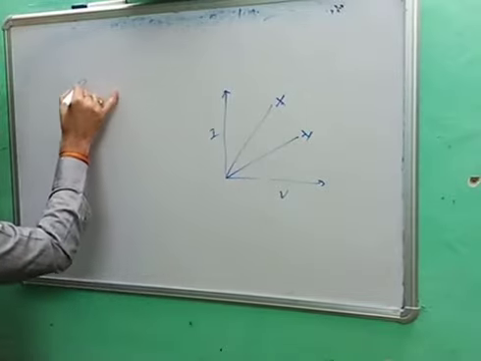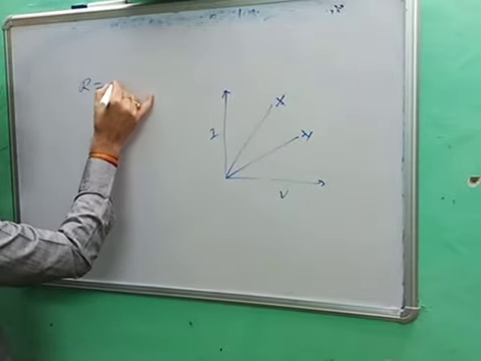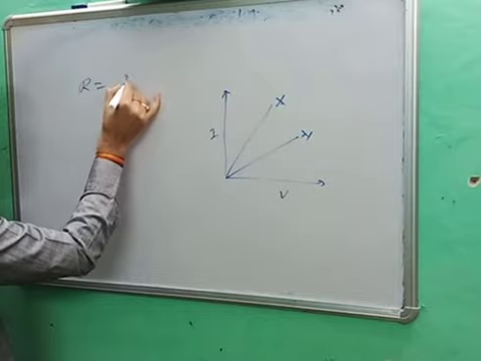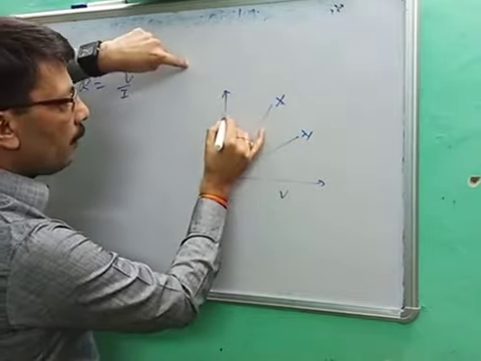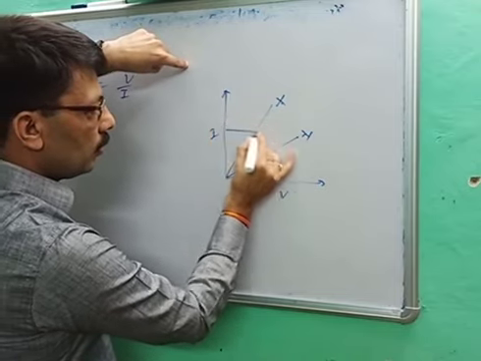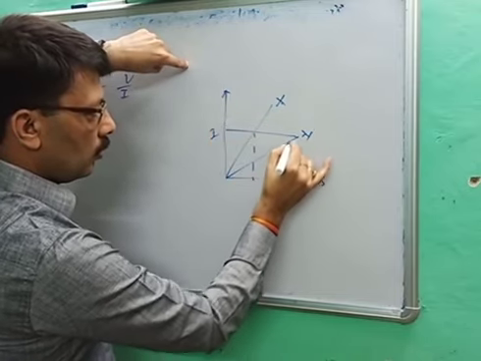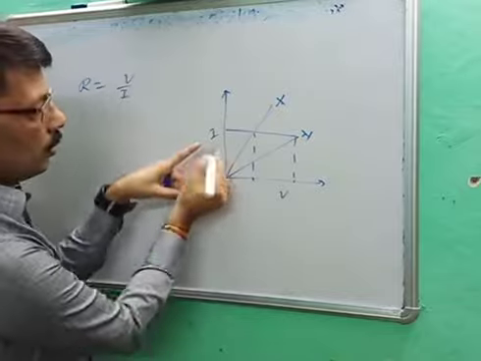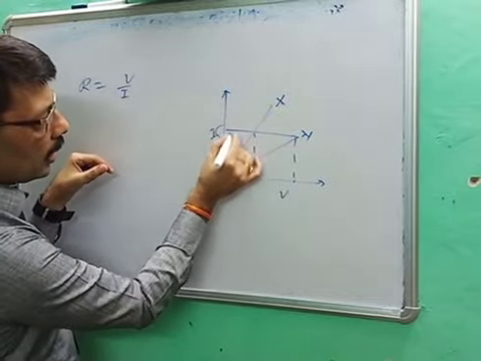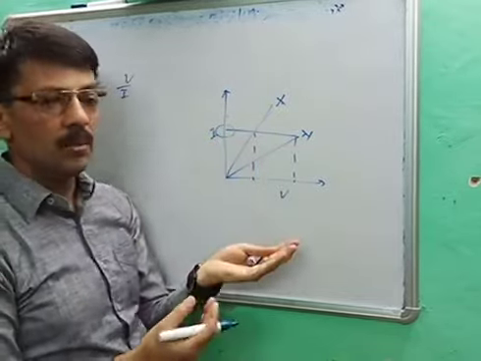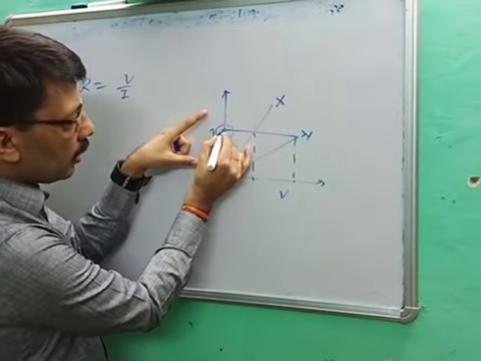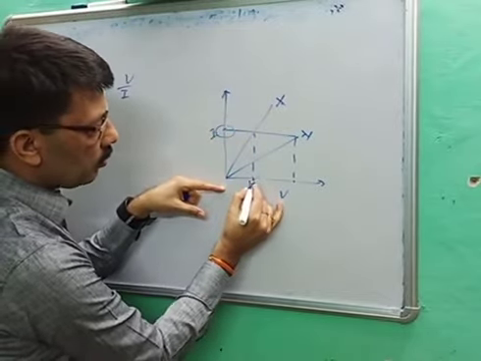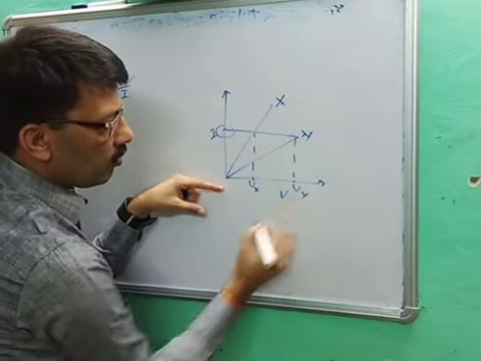So we know that the resistance R is equal to V upon I. Let's suppose we have made the projection like this. For both wires, let's suppose current is constant. We can solve this numerical in two ways. First, current is constant, while voltage is Vx and Vy.